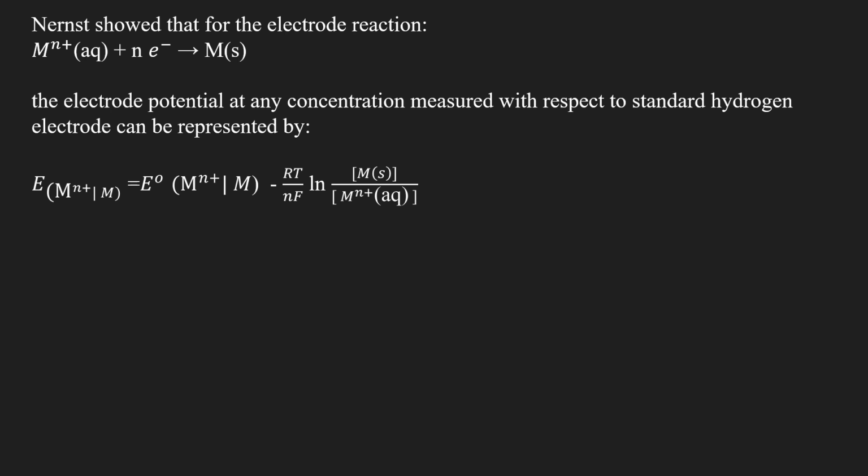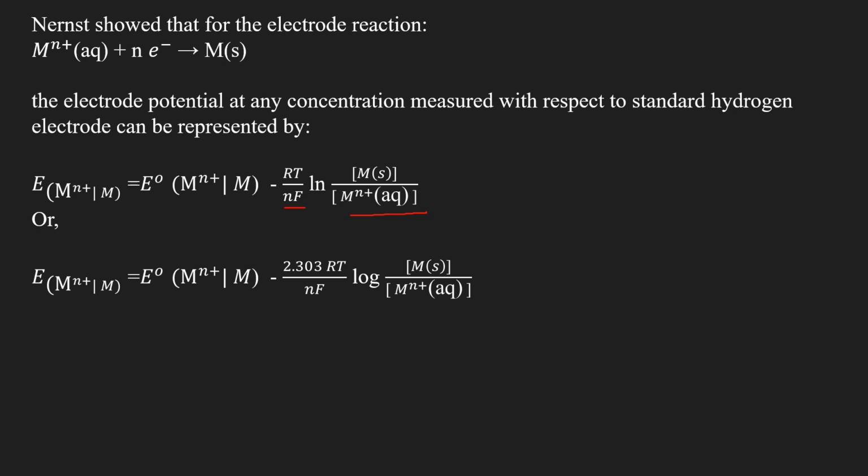We can express the Nernst equation as: electrode potential of metal M equals standard electrode potential of metal M minus RT upon nF into natural log of concentration of metal M divided by concentration of metal ion.